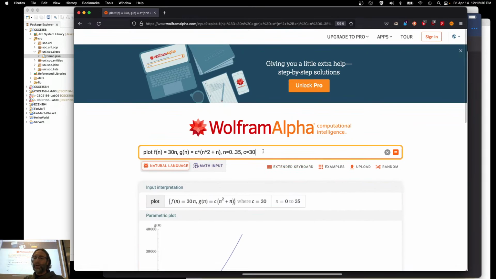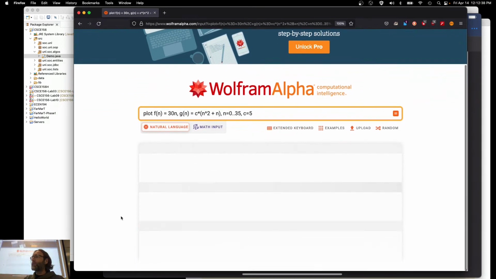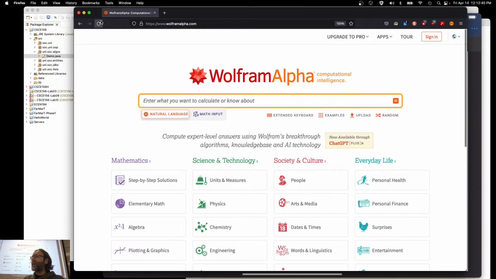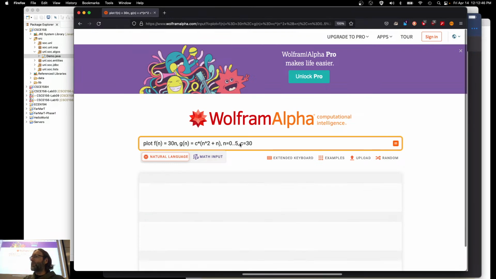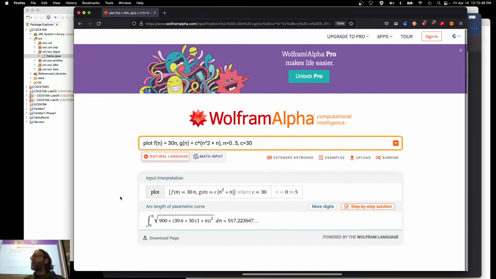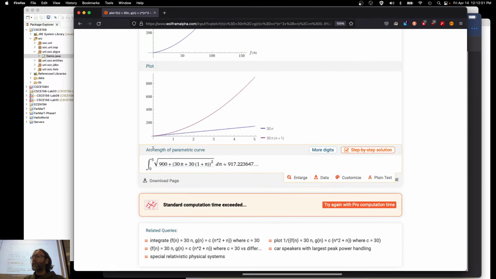I can zoom in on that and say 5. Or no, I wanted 30, sorry. 30 here, and then I only want to go up to 5. Right? There, it's basically there already. All I'm doing is making this steeper and steeper, pushing back that crossover point until it hits 0.